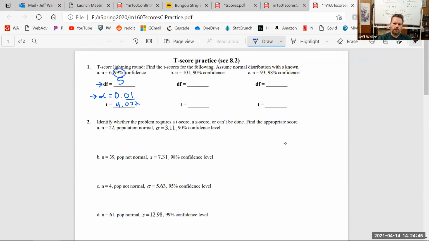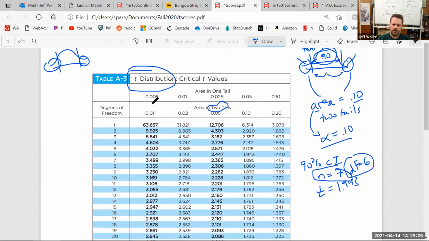All right, so what's the degrees of freedom on part B? 100. Good. What's alpha? 0.10. Good. So now we know 100 degrees of freedom. Alpha is 0.1. So which column am I looking at? One tail. Okay, that's weird.